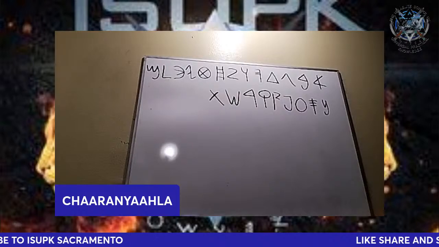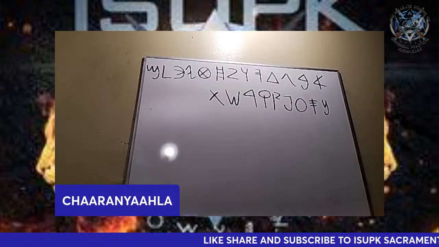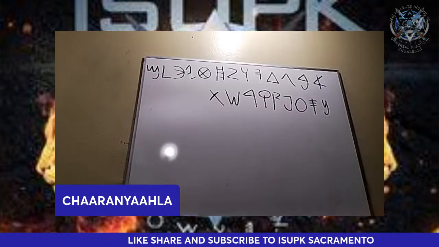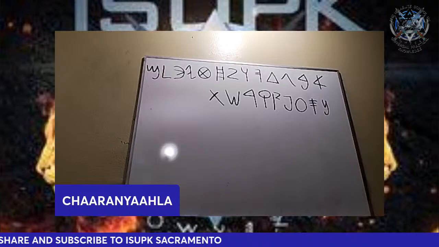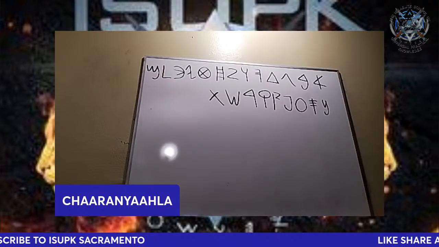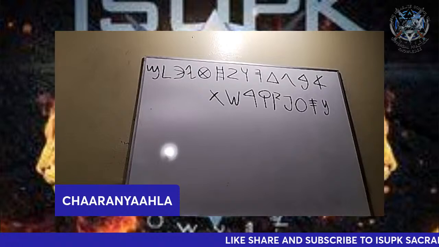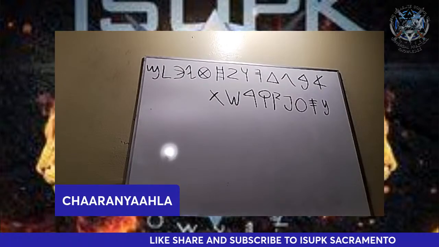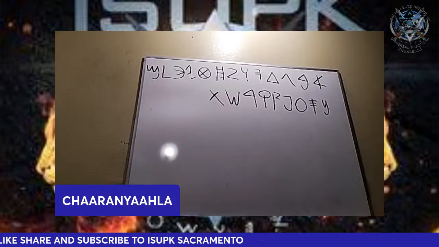So the first character at the top right corner, from right to left: a, ba, ga, da, ha, wa, za, ka, the ka, not to be confused with ka, but it's more of a chaa instead of a ka.